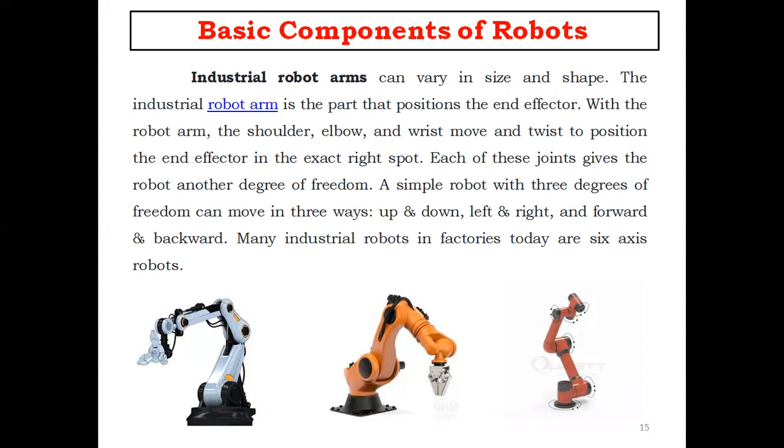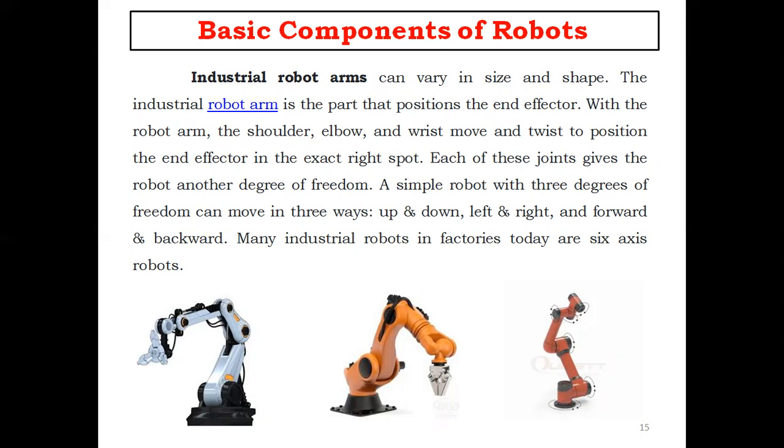In order to position the end effector, we have a robot arm, shoulder, elbow, and a wrist with bend and twist. Each of these joints gives the robot another degree of freedom.